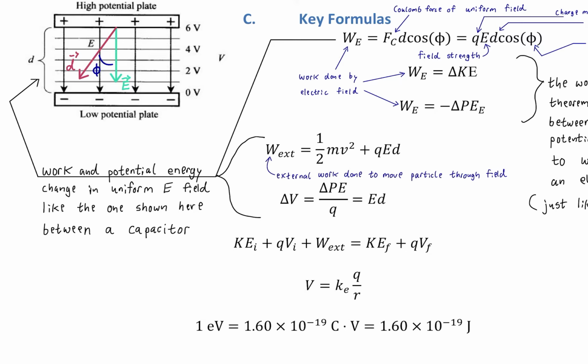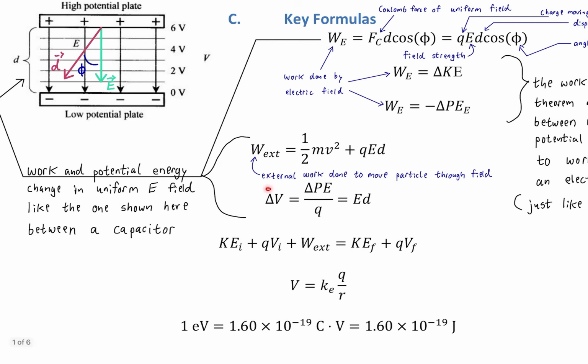So this first equation here is the external work done to move a particle through a field, okay? It's equal to 1/2 mv squared, which is m for the mass of the particle, and of course, that term is the final kinetic energy, okay? And QED is the final electric potential energy. It's this term right here, QED, okay?